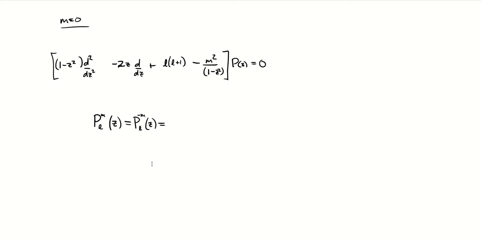These associated Legendre functions are equal to (1 minus z squared) to the m over 2 times the mth derivative with respect to z of our Legendre polynomial, the ones we just derived here.